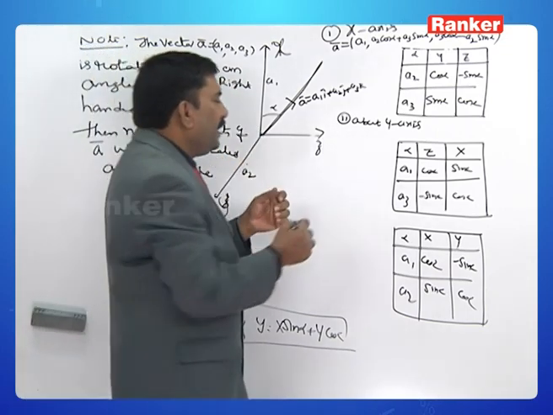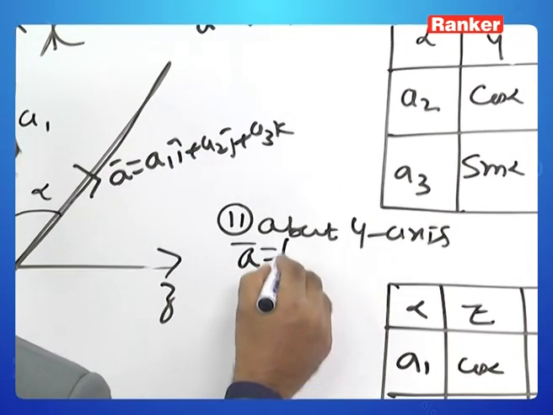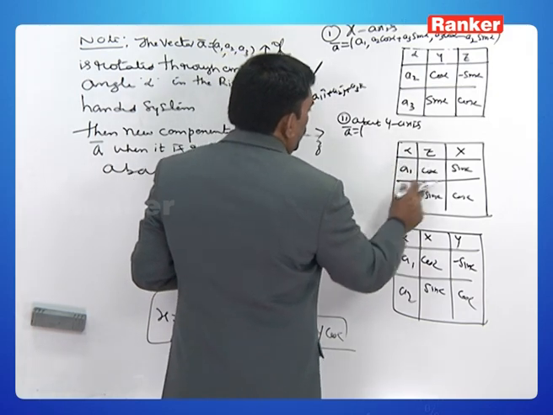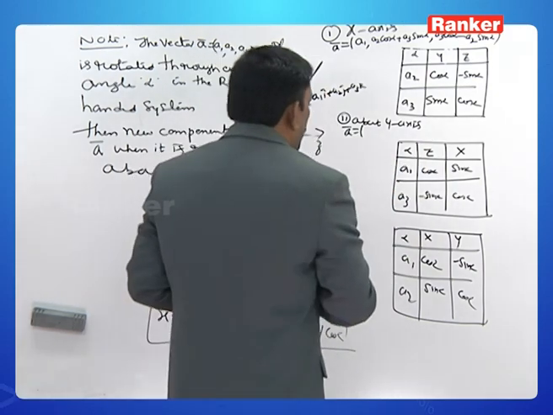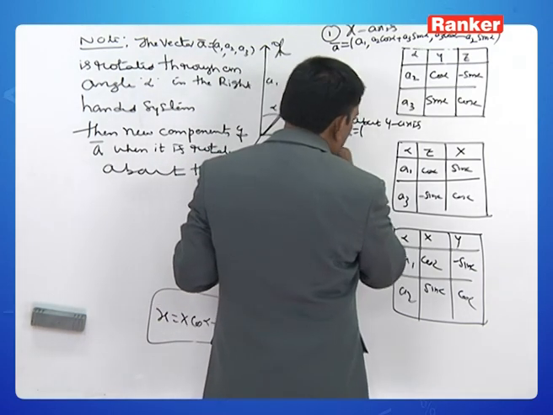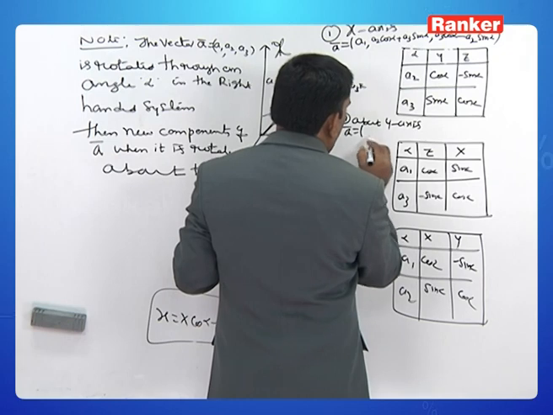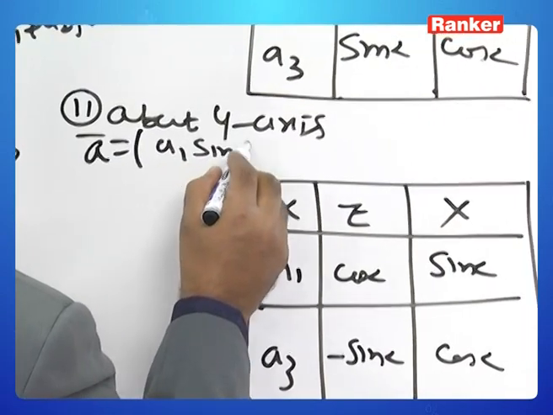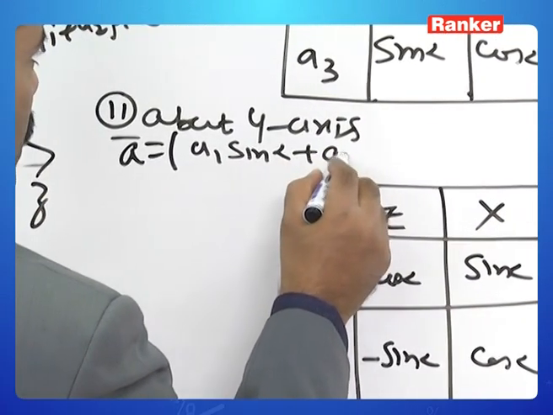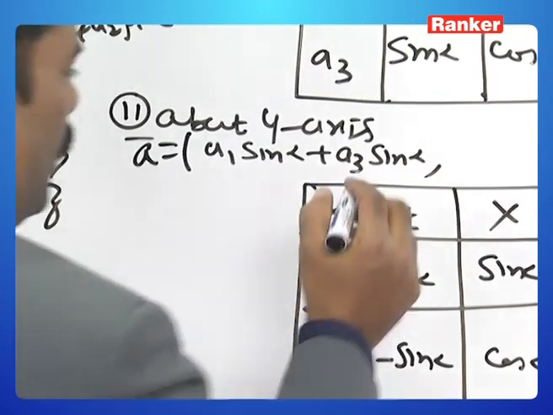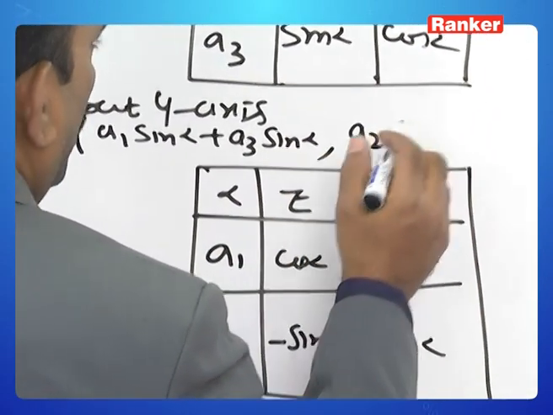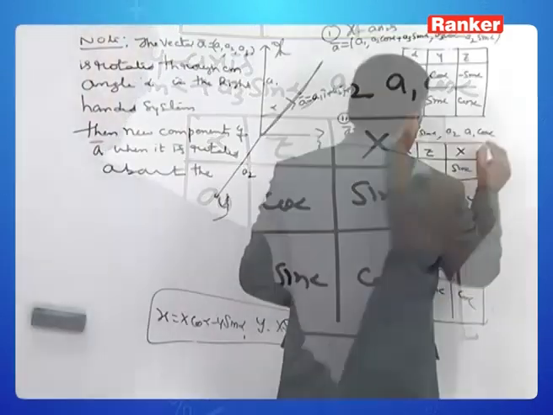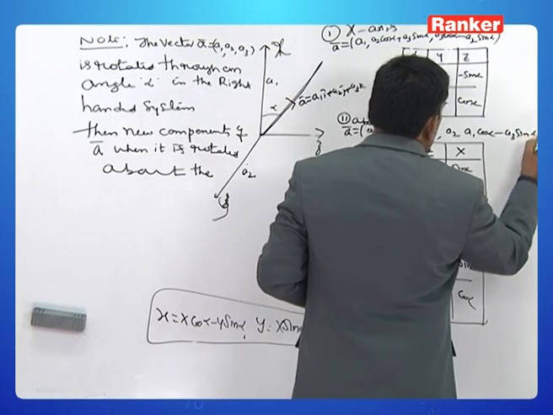Then a bar is equal to, now what happens about the y-axis? The x component becomes a1 cos alpha plus a3 sin alpha, then a2, then z becomes a3 cos alpha minus a1 sin alpha.